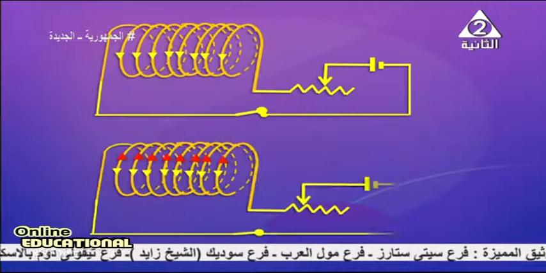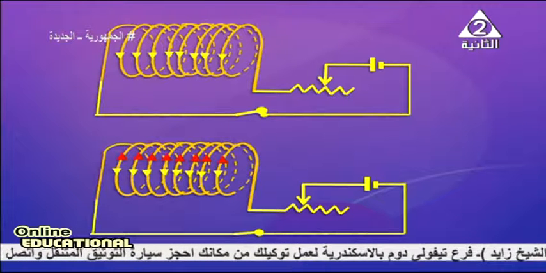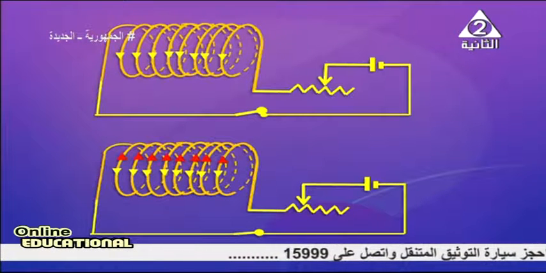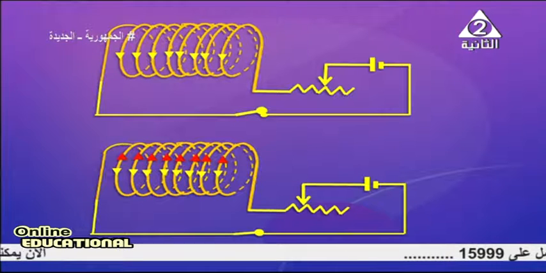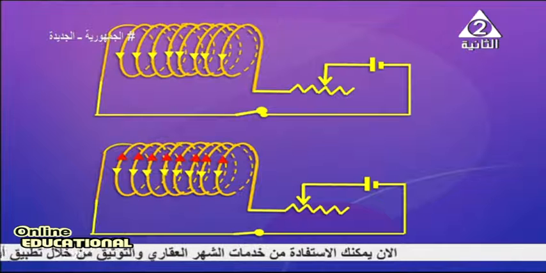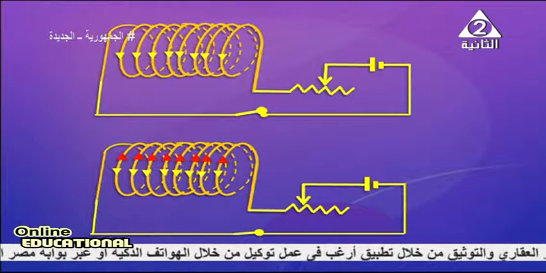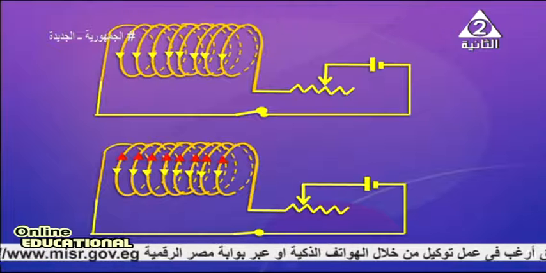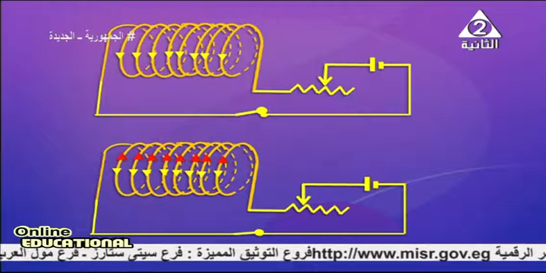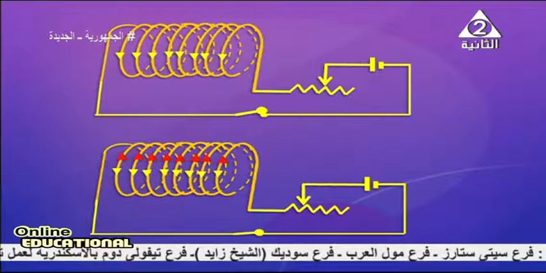Once again, your attention, please. Compare the two circuits. Will you please note the position of the rheostat slider? So we decreased the resistance. The moment the resistance is decreased, the current flowing through the circuit is increased, and this will increase the magnetic field associated with it.